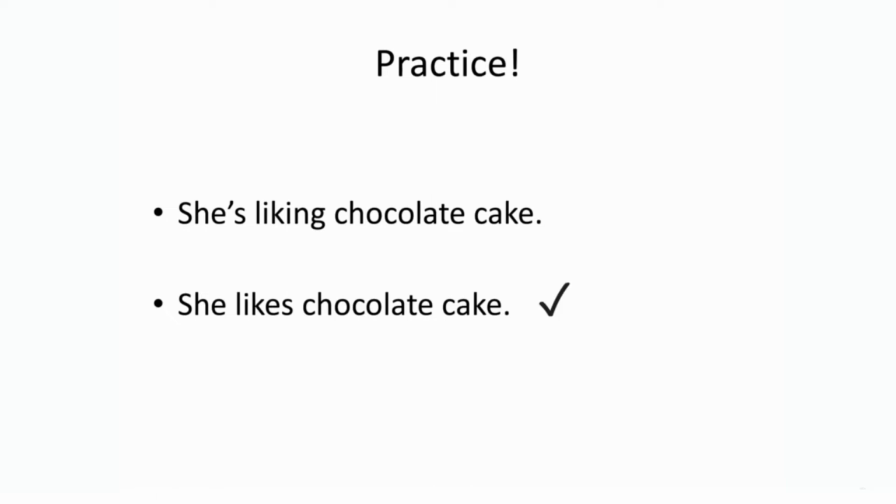The second sentence is correct. We do not use the present continuous with stative verbs, which include verbs of taste or opinion. Like is a stative verb. Therefore, we must use the present simple.